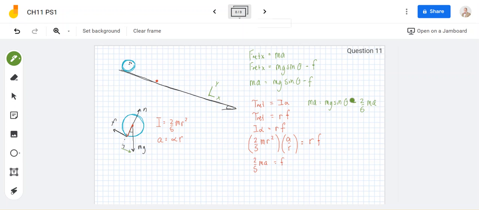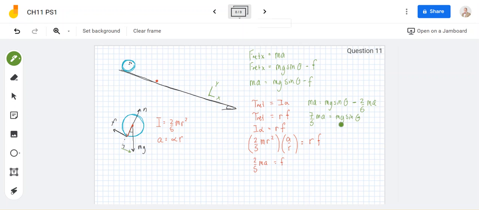And so if I add this to both sides, I'm going to add 2/5 to 5/5 over here. And I can see I have one m on each side, so I can divide.